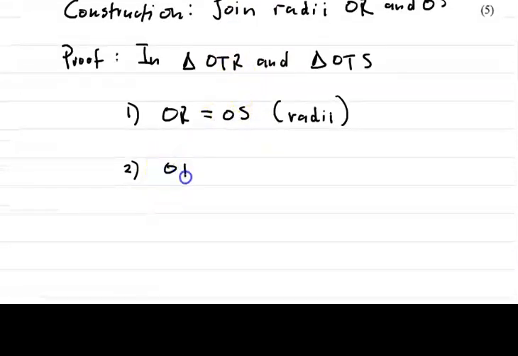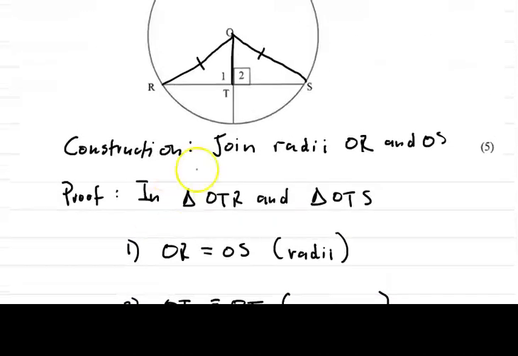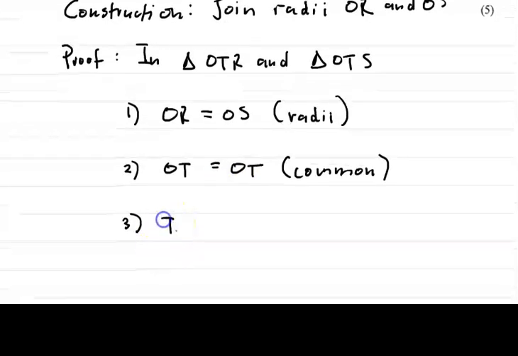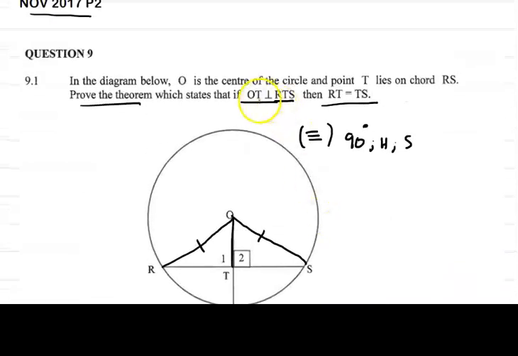So I'll just write down OT equals OT, and I'll write down common. My third statement will be that T1 equals T2 equals 90 degrees. And that will be because I'm given that OT is perpendicular to RTS.